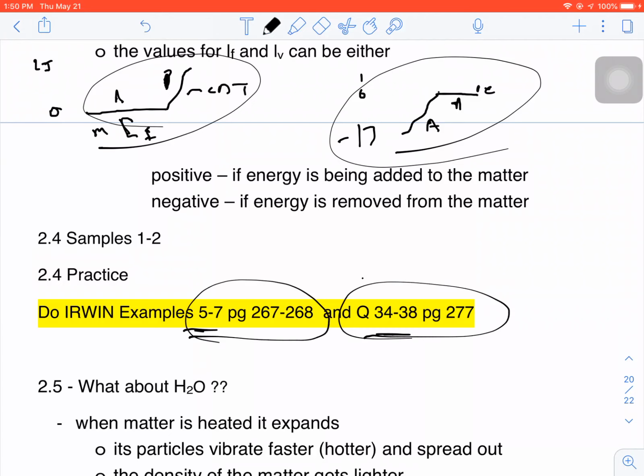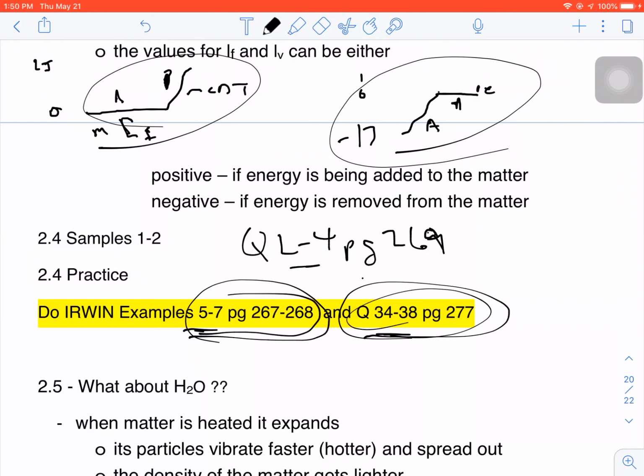If you're looking for a little more, there's questions 2, 3, and 4 on page 269. And again, remember all the answers for these questions are at the back of the book, and these ones are actually done for you as you're working through them.